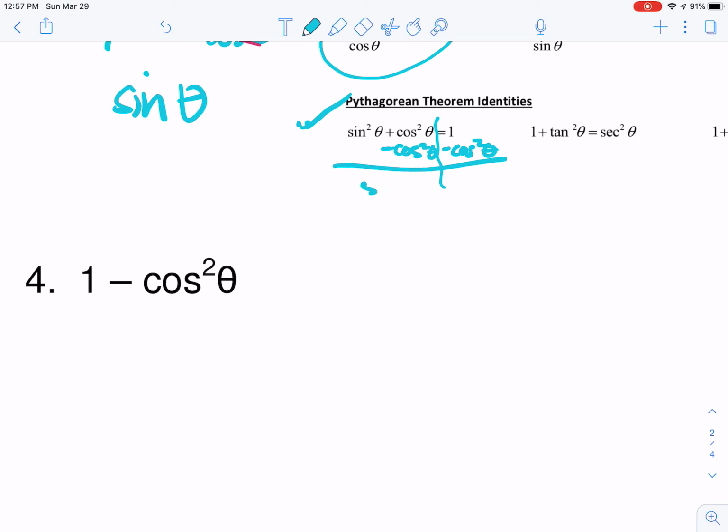I would be left with sine squared theta equals 1 minus cosine squared theta. And that's another form of this identity that you can use. Voila, I see 1 minus cosine squared. This tells me it's equal to sine squared. I am done with this problem. Boom. Anytime you see 1 minus cosine squared, it equals sine squared. Done. Simplified. Okay?